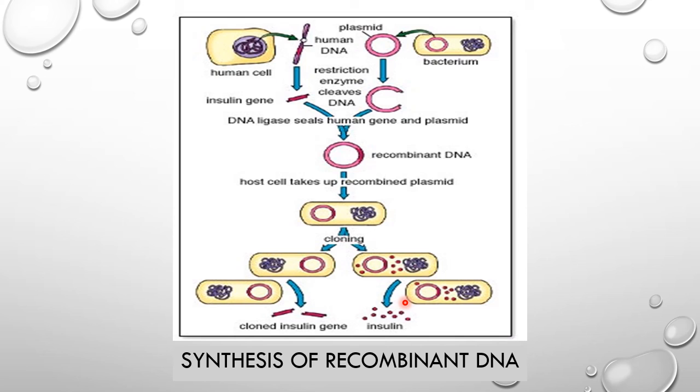Therefore, each clone of bacteria contains the gene of interest. The clone bacteria express the gene and make a product. The protein product can be separated from the clone bacteria, and the cloned genes can be isolated from the bacterial clone for further analysis.